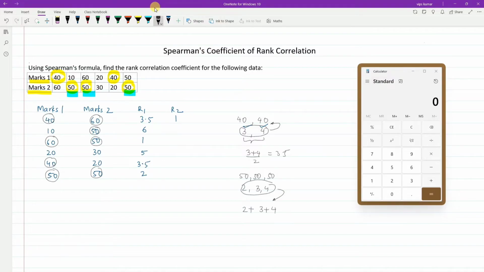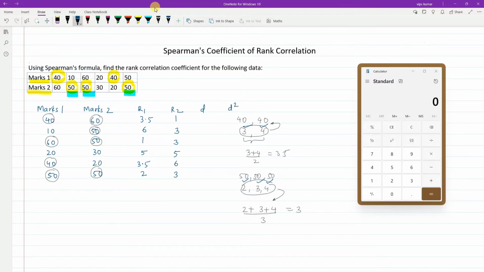So 2 plus 3 plus 4 divided by 3, and that is going to come as 3. So all the 50s will be assigned rank 3. Now we are done with ranks 2, 3 and 4. So the next rank is going to be 5. That will be assigned to the next higher number, which is 30, followed by 20, which will be assigned rank 6. Once we are done with this, we will add a column for D followed by D square.